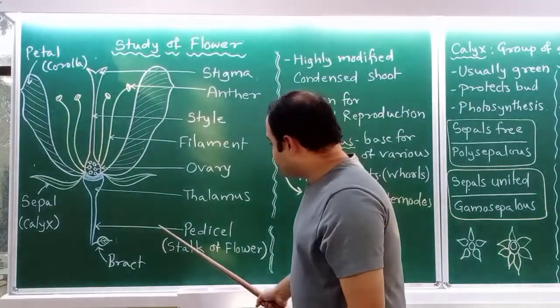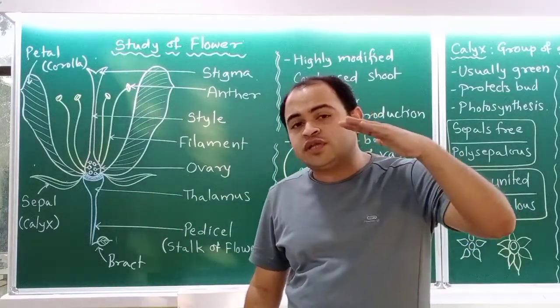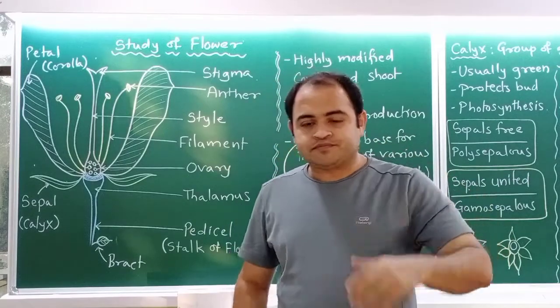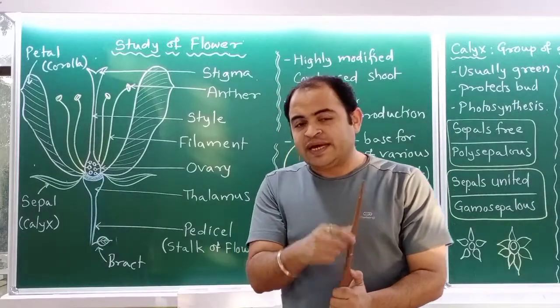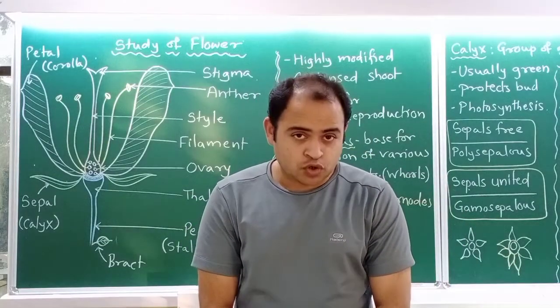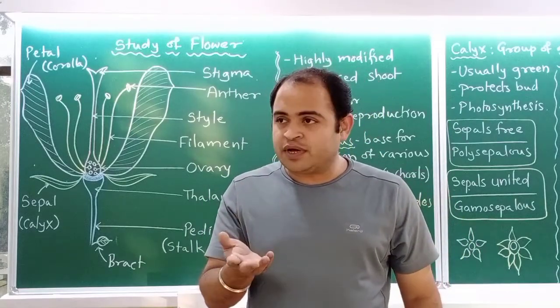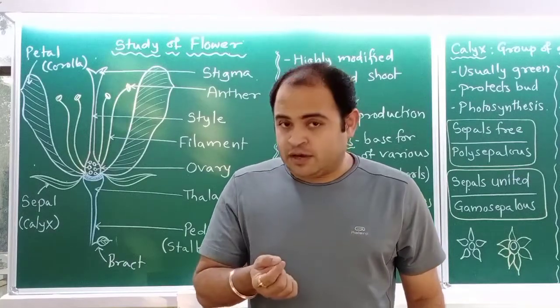Now, let us talk about the lower part which is present below the thalamus. Okay. Below thalamus, pedicel is present. In some cases, pedicel is absent. So, when a flower is with pedicel, for example, hibiscus, it is a pedicellate flower.